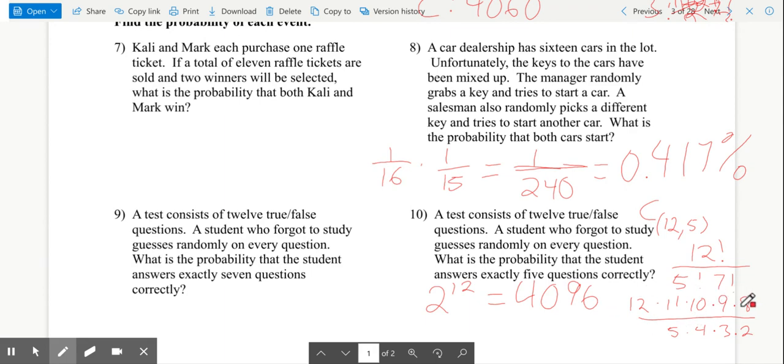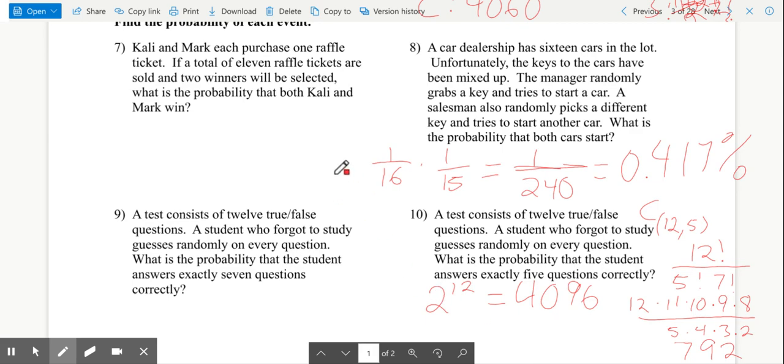And what you end up with is 792. So there are 792 ways where 5 of the questions are correct, out of the 4,096 ways that he could fill out this test.